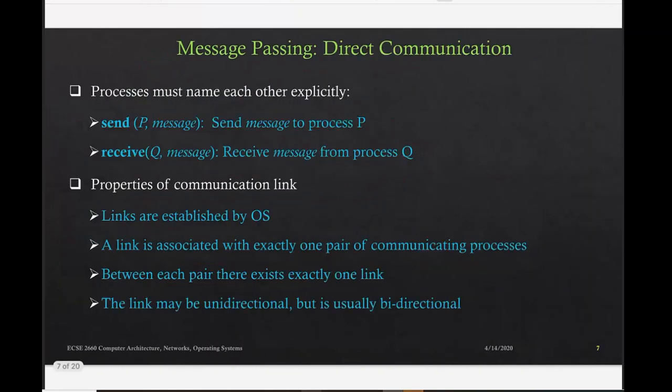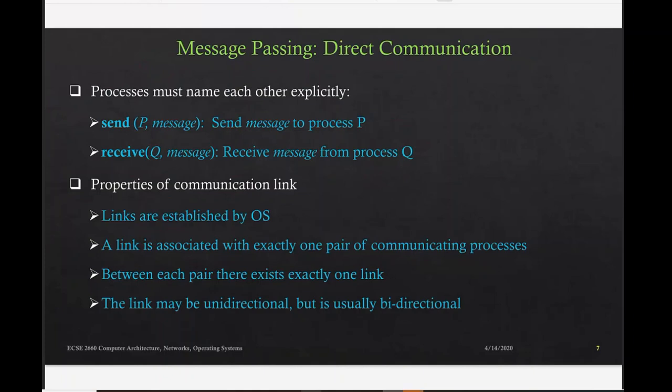Next, we are going to take a look at direct communication first, right? So let's take a look at what happens when the processes must name each other explicitly. For me, this is sort of hard coding things, right?